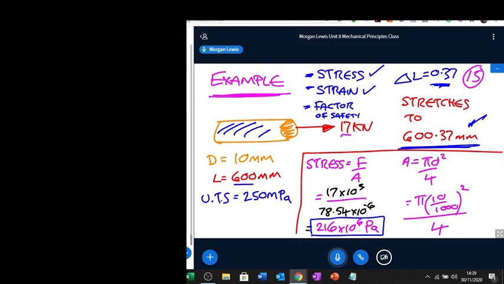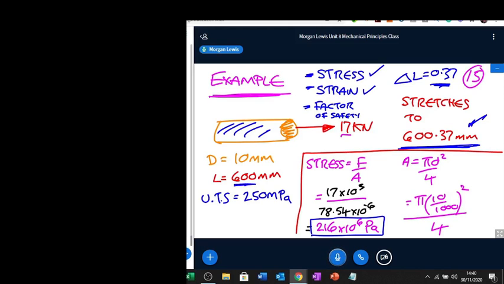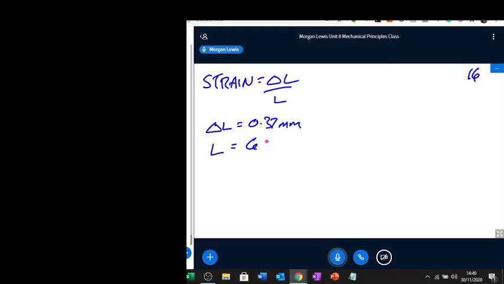Type I, if you've seen that and understood it. So change in length equals 0.37 of a millimeter. The original length starts off at 600 mil. We've got to find the strain. As long as they're both in the same units, everyone's a winner.